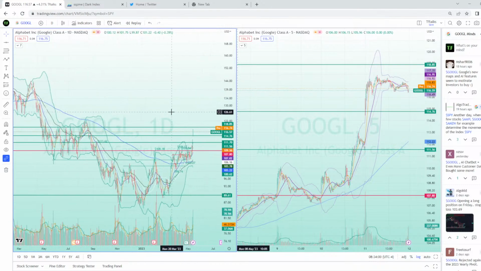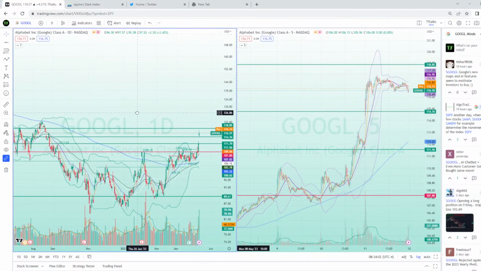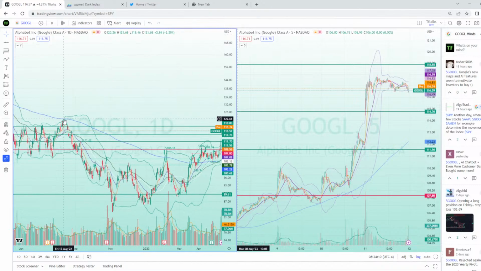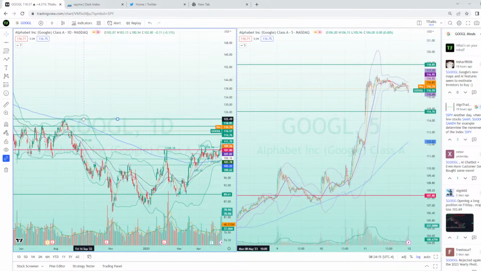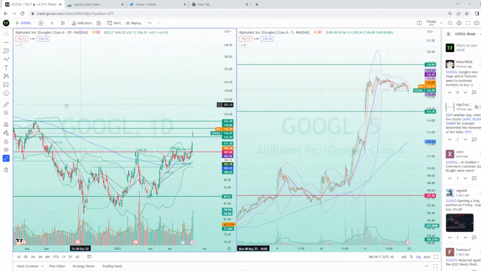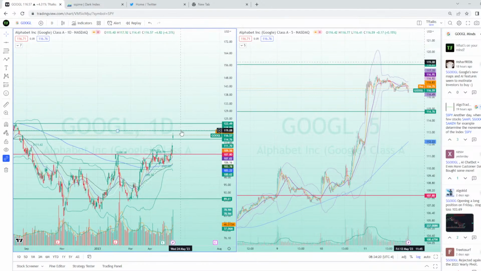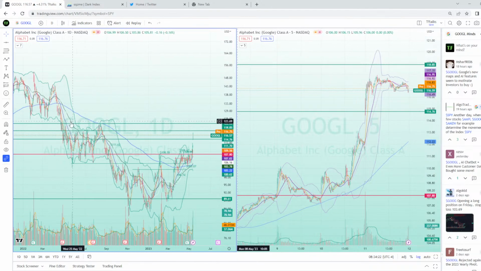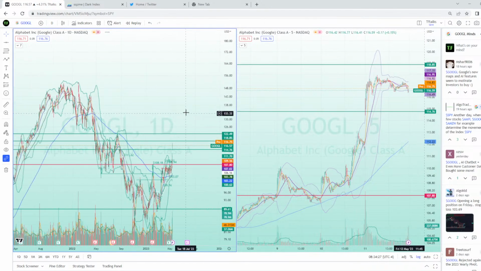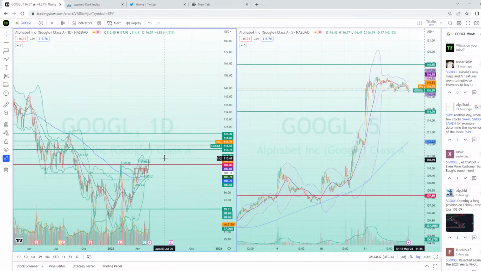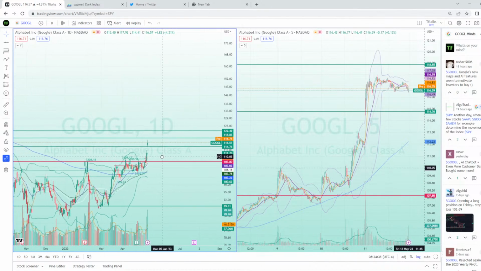What I will do for Google: once Google breaks 119 to the previous high, about 122.50, and the price is above this level after this consolidation area, I'll see another upward trend. But at this level, just don't chase Google.